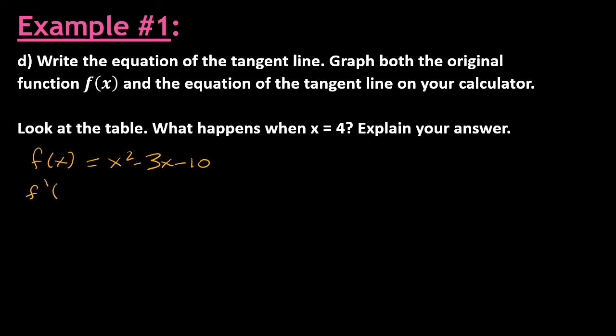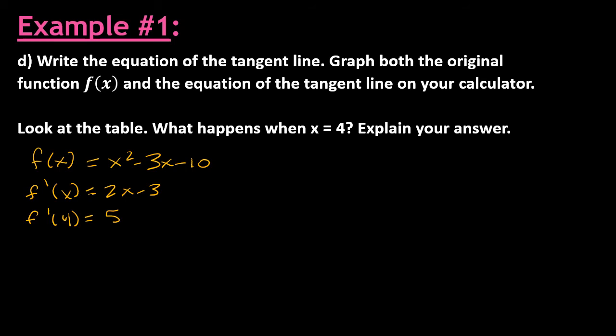The first derivative was 2x minus 3, and the slope of the tangent line at 4 was 5.